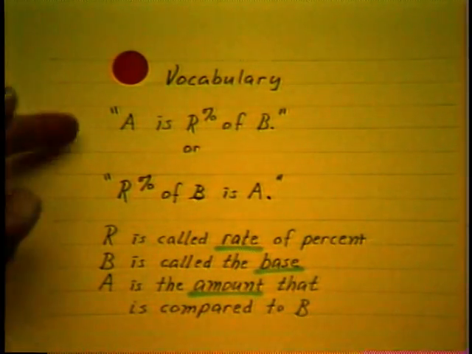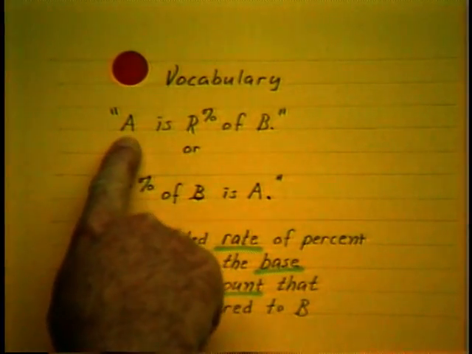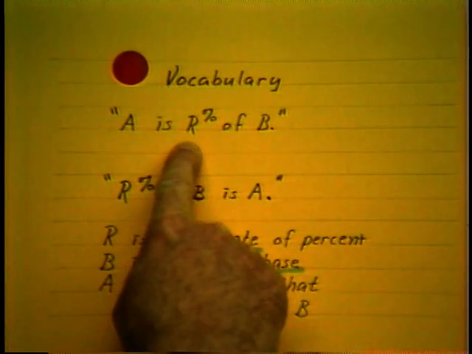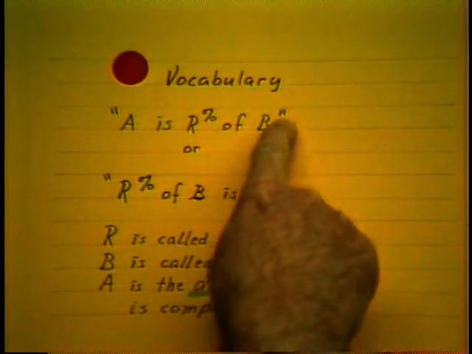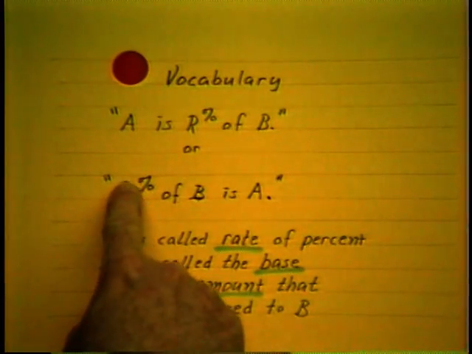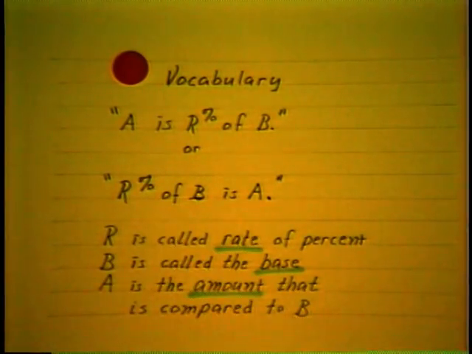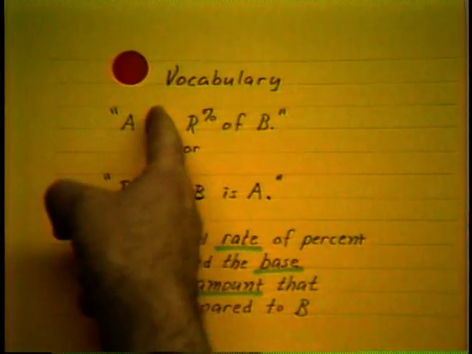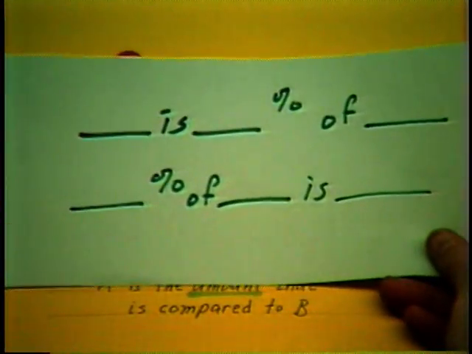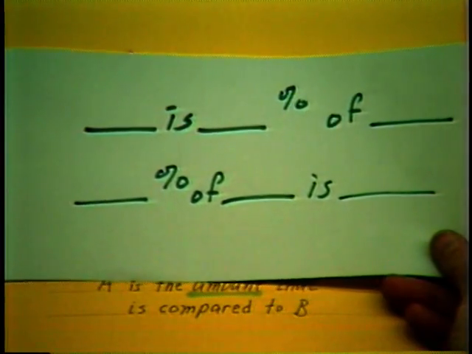If you have a simple sentence where we say something called A is something percent, here we symbolized it by R, of something else, here called B, or something percent of something is something. Now naturally they don't use these particular letters, they use numbers or words.